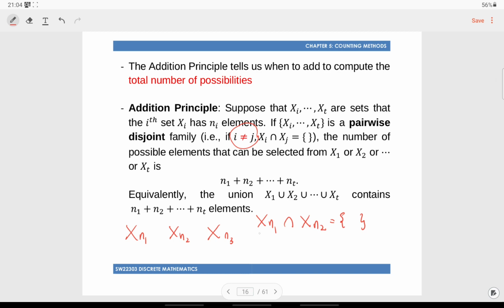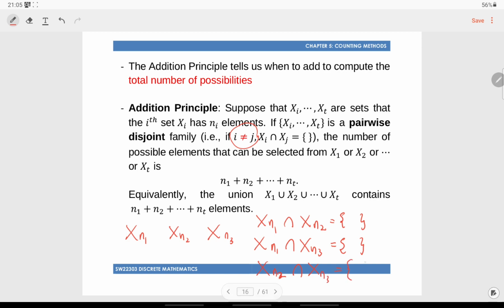Then we move to the second combination, X1 intersect with X3. Again, there is no intersection because these two sets are disjoint. Finally, we arrive at the third possible combination, X2 intersect with X3.